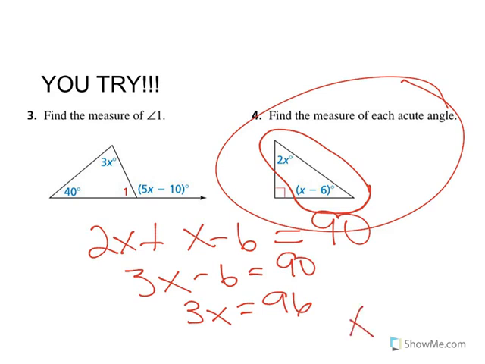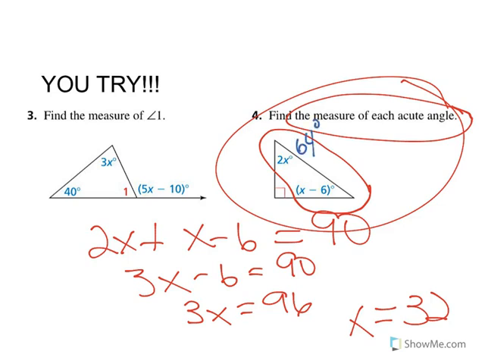Divide by 3, and x equals 32. But it says find the measure of each angle. So we need to put that back in there. So 2 times 32, this one would be 64 degrees. And 32 minus 6, this one would be 26 degrees. They add up to be 90, so that works.